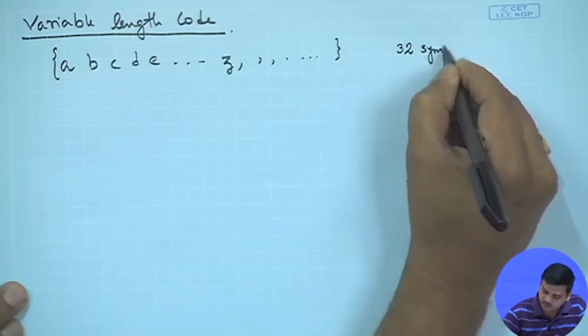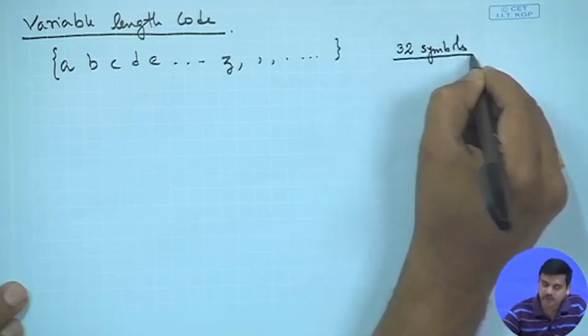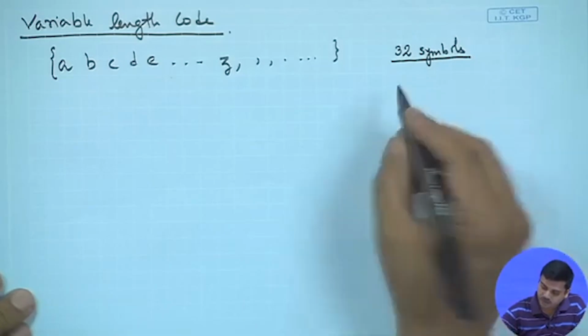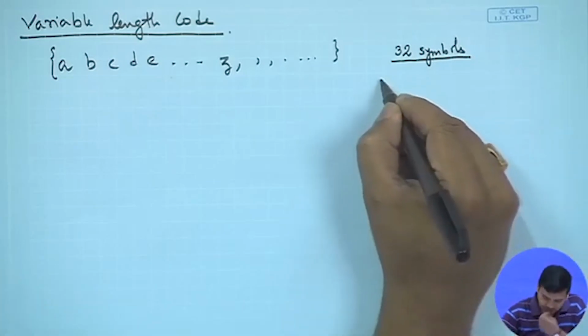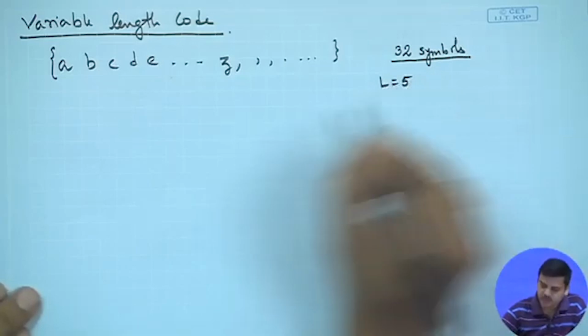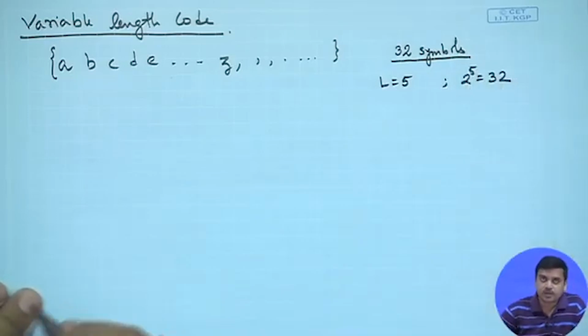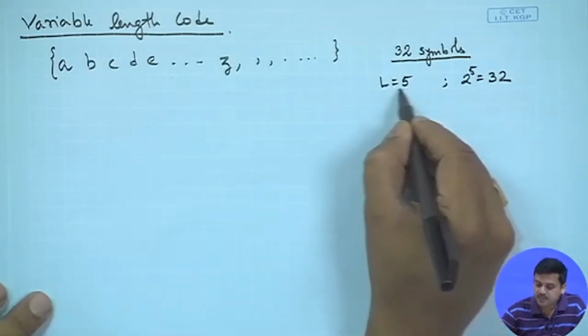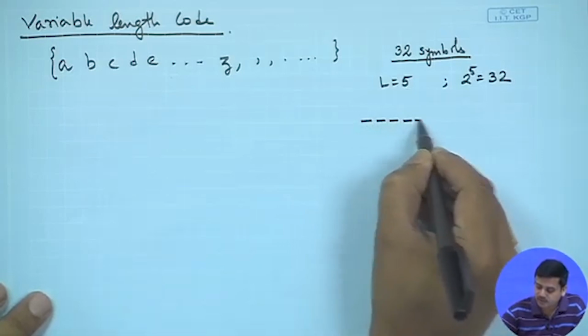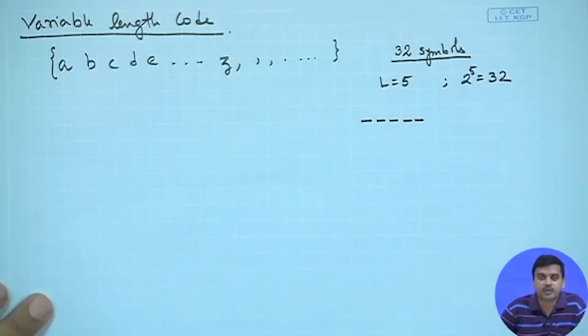Instead of assigning the same number of bits to all of these, suppose I have, for example, 32 symbols. Our previous exercise tells us that we can choose L equal to 5, because 2 to the power of 5 is equal to 32. That means I will be assigning the same number of bits to all the symbols, whether it is A, E, T, H, Q, Z, P or whatever it is.